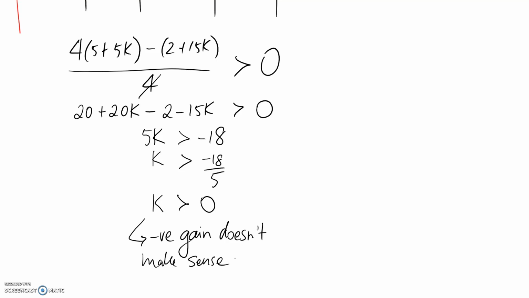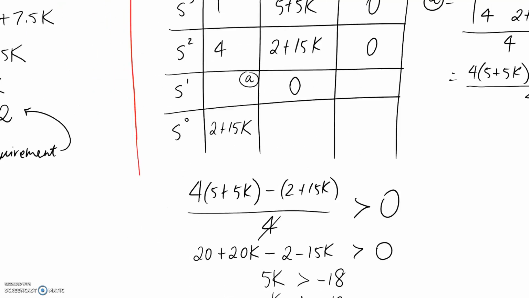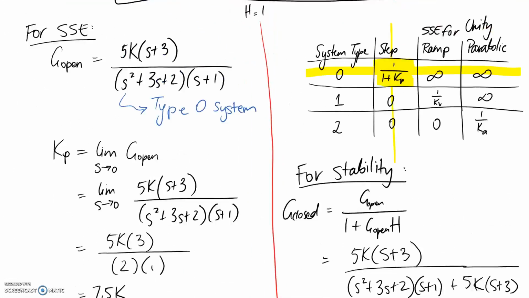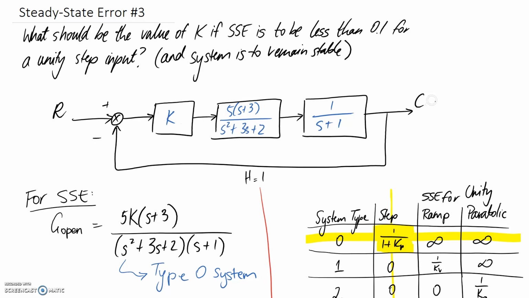Alright, you're going to design your system to have a positive gain, because for example, if it's the velocity of a motor, and we end up putting a negative k into our transfer function up here, what would end up happening is that we'd end up swapping the sign of our output as well. And if it was the velocity of a motor, it would mean that your motor would then start turning the opposite direction, which doesn't make any sense at all.